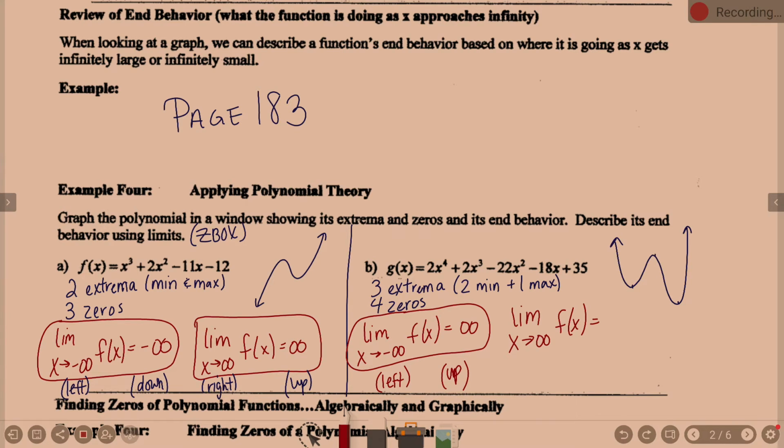So what am I asking there? The limit as we trace my graph where? To the right. So as I move to the right on my graph, where's my graph going? Up again. And what is up? Positive infinity.